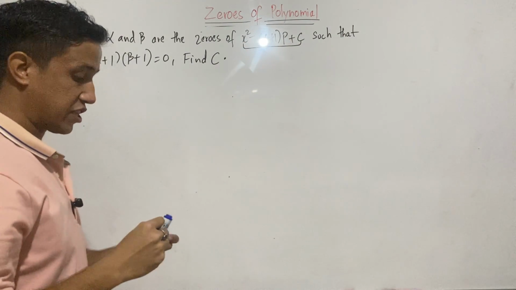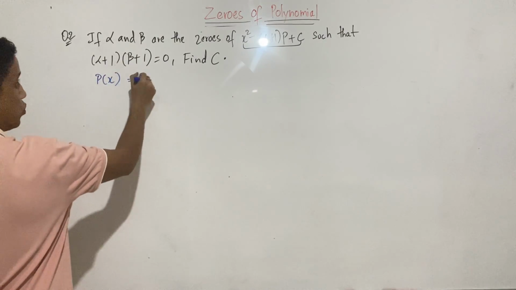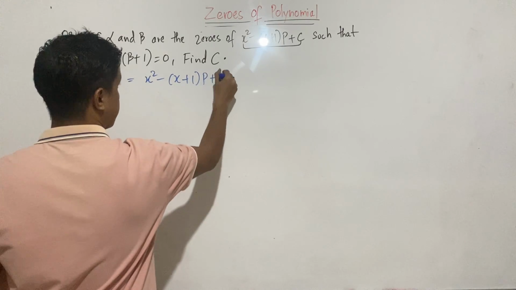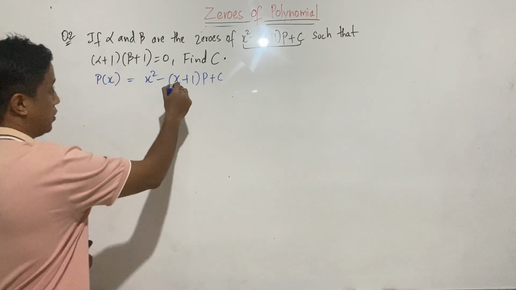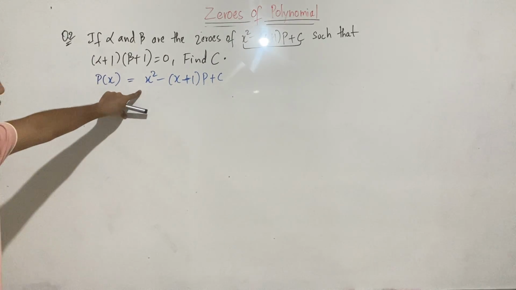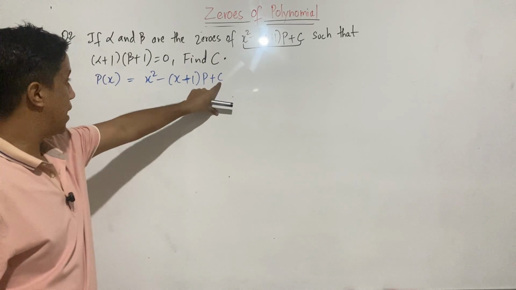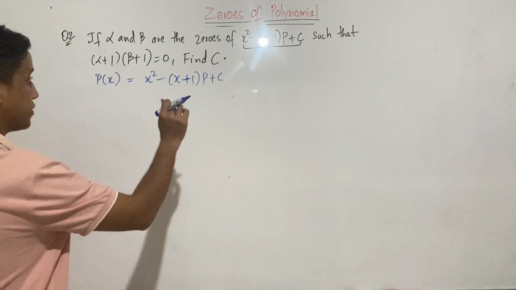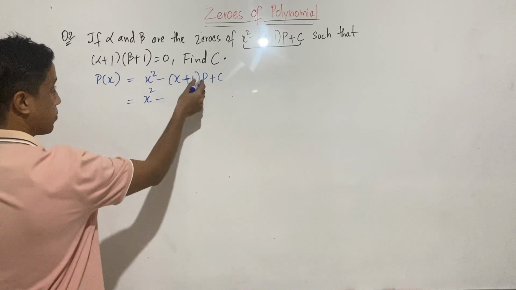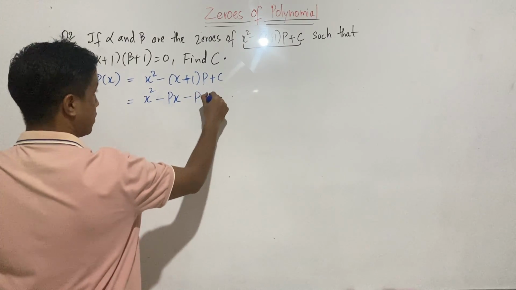This is a quadratic expression, so I can write p(x) equals x squared minus (p plus 1)x plus c. Now I have to find the value of c. So I will simplify it: x squared minus px minus p plus c.